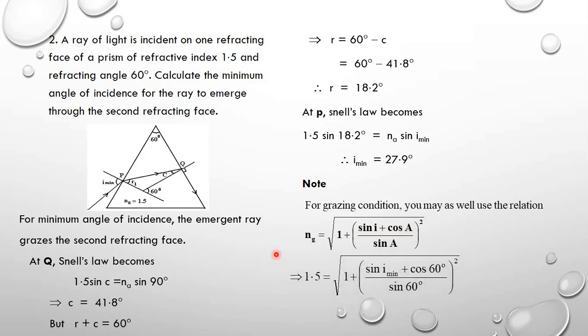So we shall have this, and then when we square on both sides, we shall have 2.25 this side, and then take this one this side, and then again get the square root on both sides, then this square will go off, and then we shall multiply by sine of 60 and subtract cos 60, remain with sine of I min, and then get the sine arc of that answer, which will give us I min as 27.9 degrees.